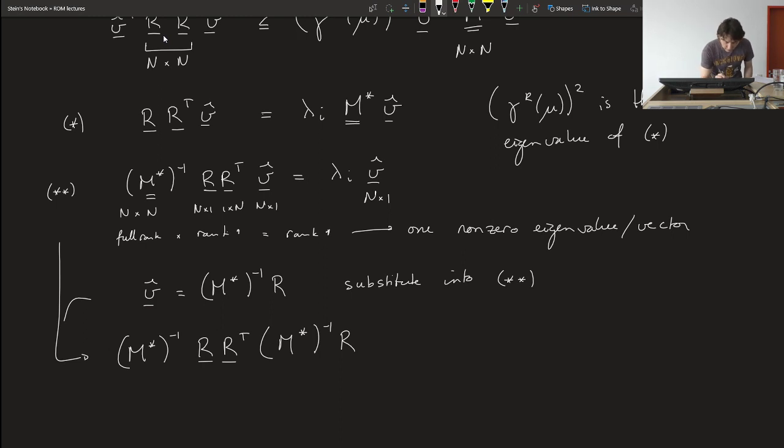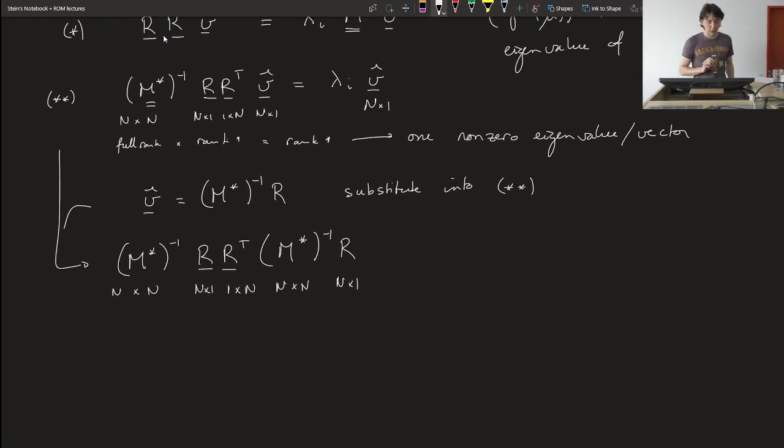So what do these matrix multiplications look like? We have n times n, then n times 1, and 1 times n, and n times n, and n times 1. If we look at this multiplication, I can do them in principle in every order, right? What I see here is sort of a breakpoint, because we start with 1 and we end with 1. So if I first multiply all these things through, this will be a scalar.